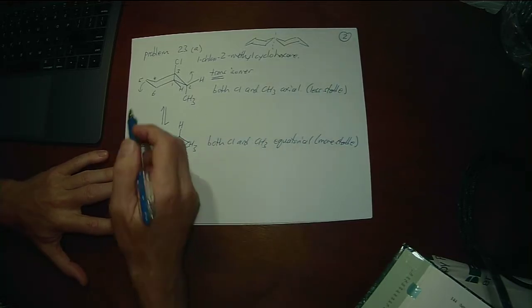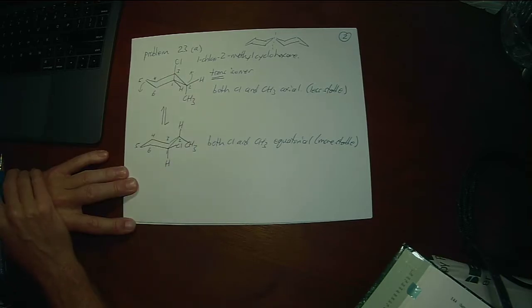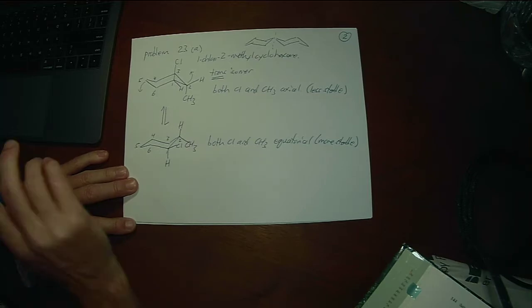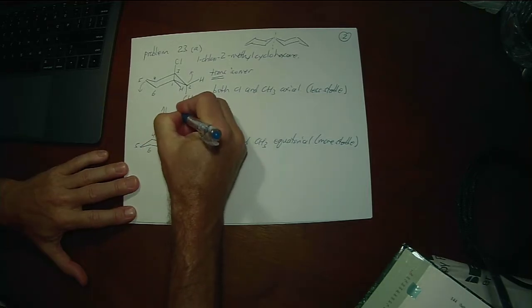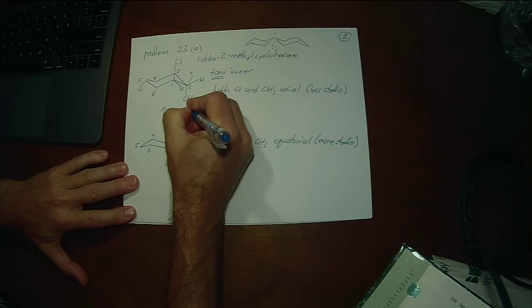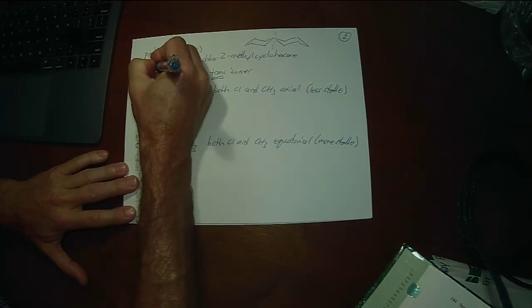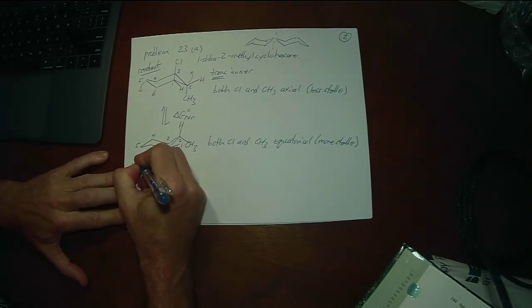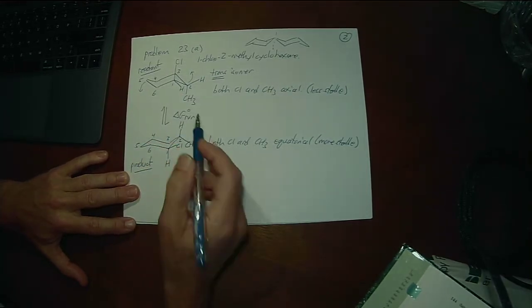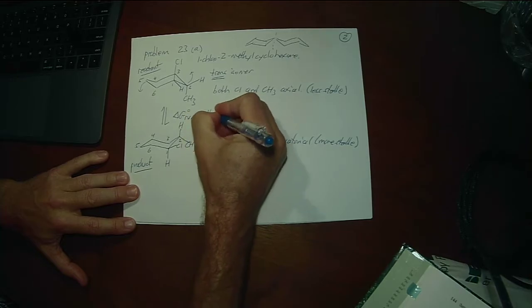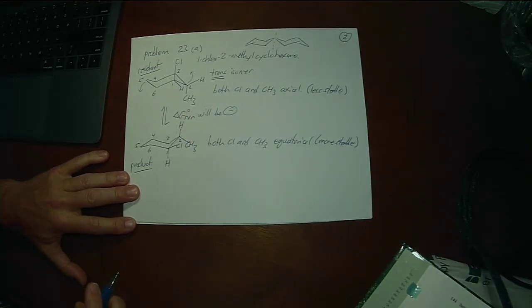So the original drawing was the least stable. So we know that delta G of reaction, in going from our reactant to our product, will be negative because we're going to release energy.